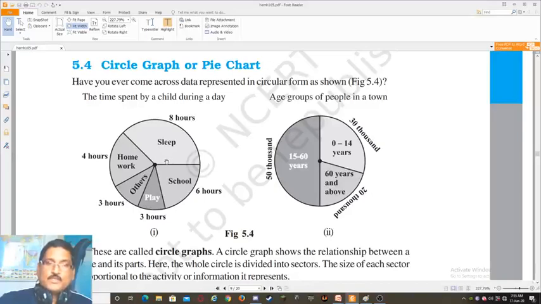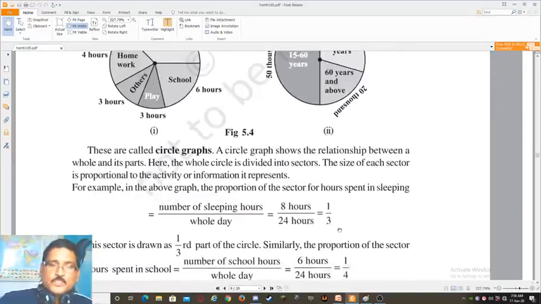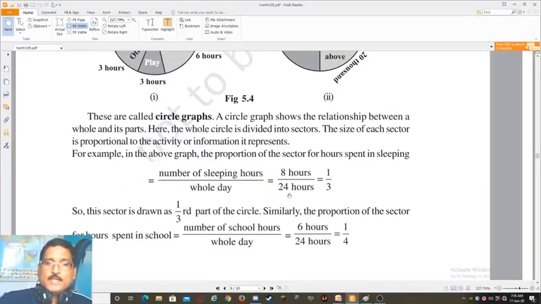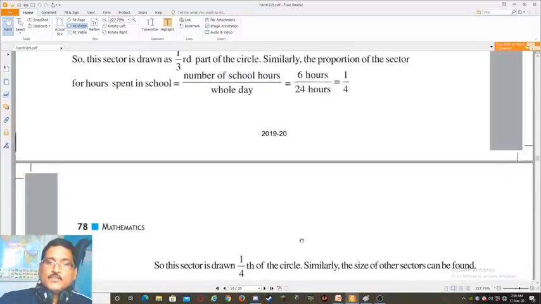I have to write down the degree also. 8 hours, how can I represent it? 8 by 24 multiplied by 360, it will be the degree for sleep. That is not shown here. Number of sleeping hours 8 by 24, then 1 by 3. Clear? After cutting, now you have to multiply it by 360 degrees, it will be the degree.